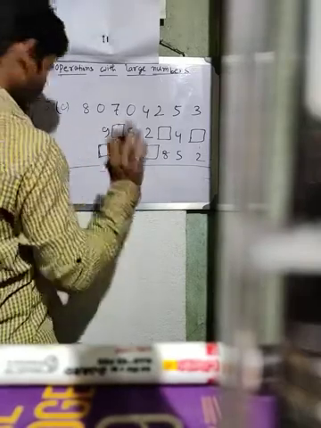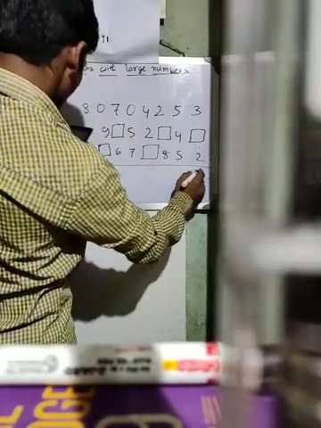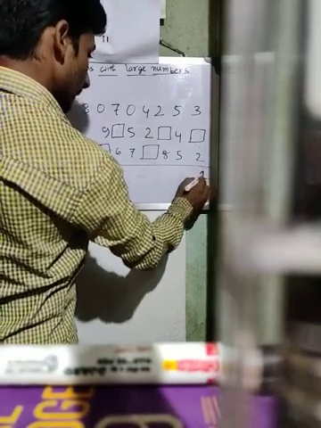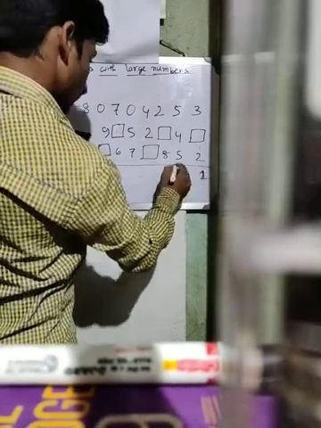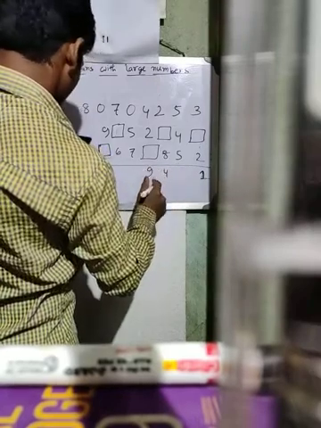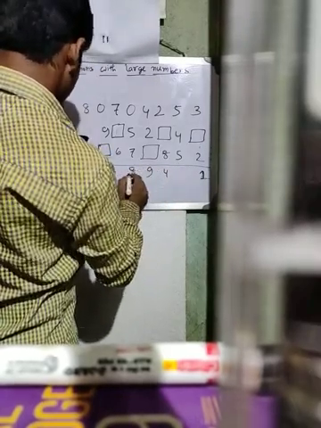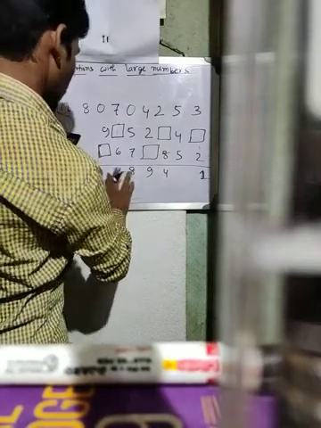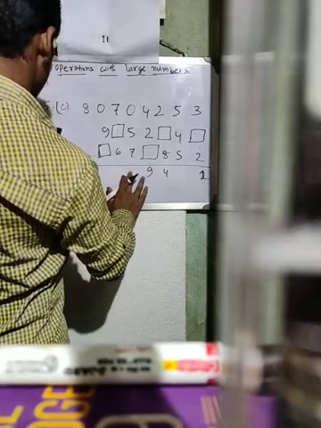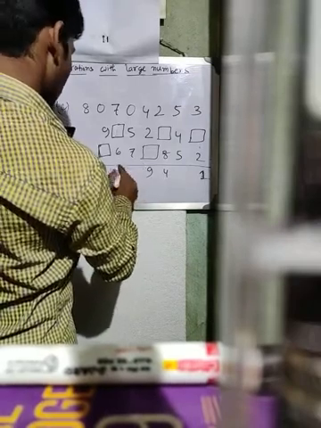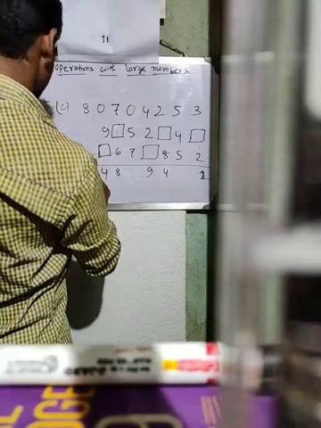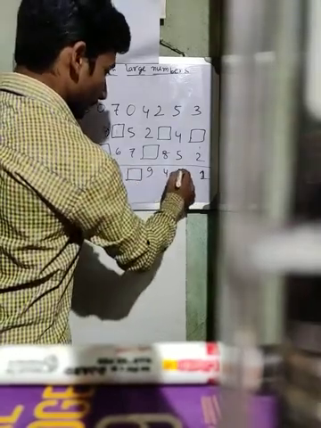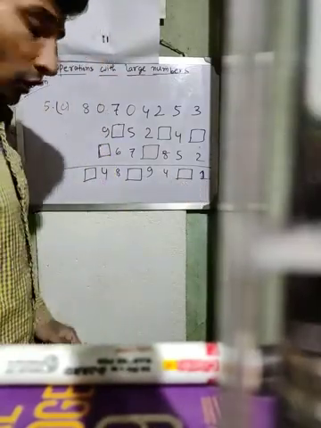The sum is 1 4 9 8 4 7 empty 8 4 empty. You have to solve this.